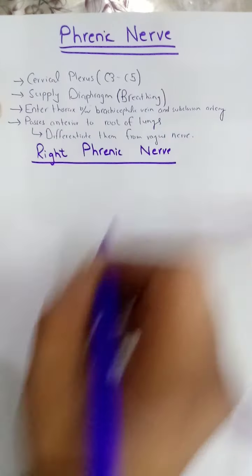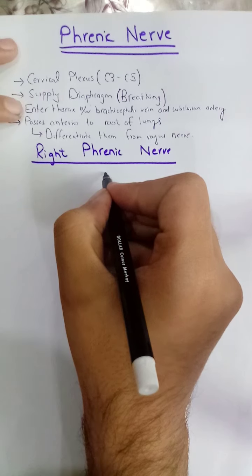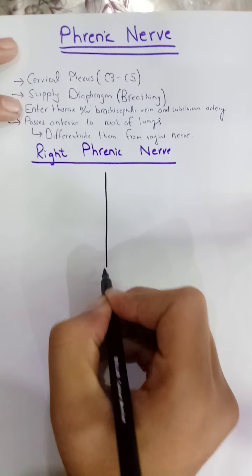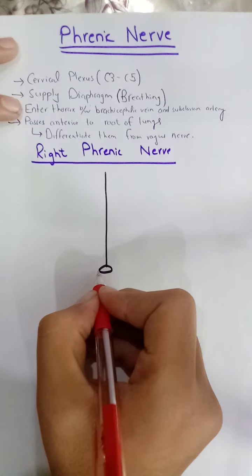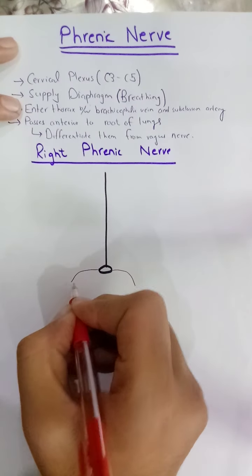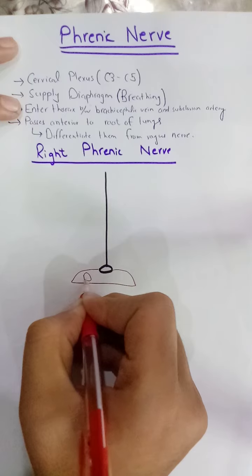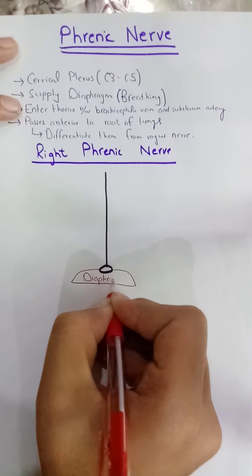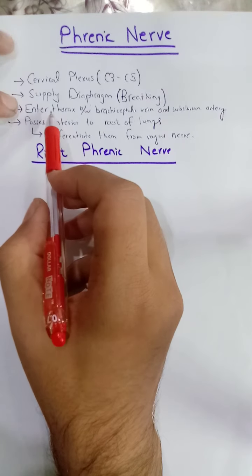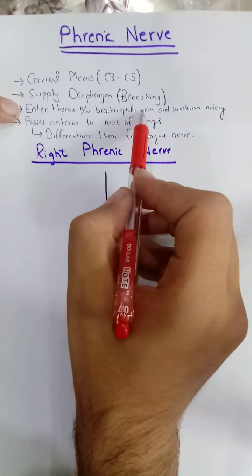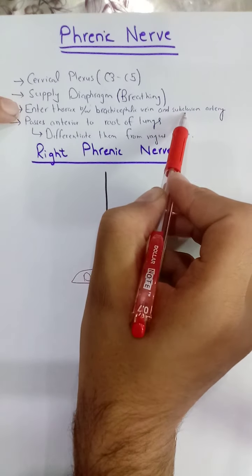So we will draw it here. Here will be the diaphragm, and it is entering into the diaphragm. As we have discussed, they enter the thorax between the brachiocephalic vein and subclavian artery.